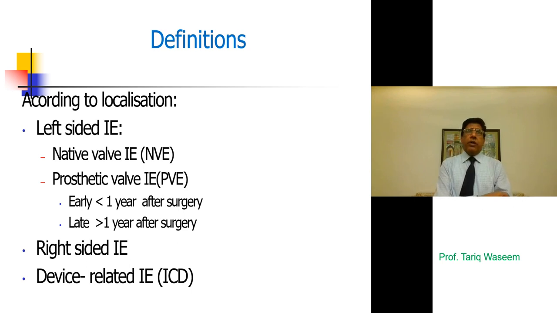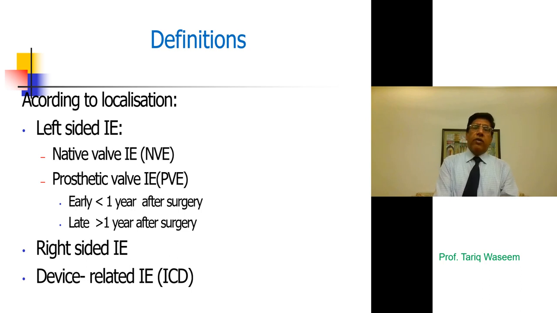When it happens on the normal valves of the patient, it is called native valve infective endocarditis, and when it happens on, say, prosthetic valves or replaced valves in patients who had valvular surgeries or valvular replacements, it can then be called prosthetic valve endocarditis.